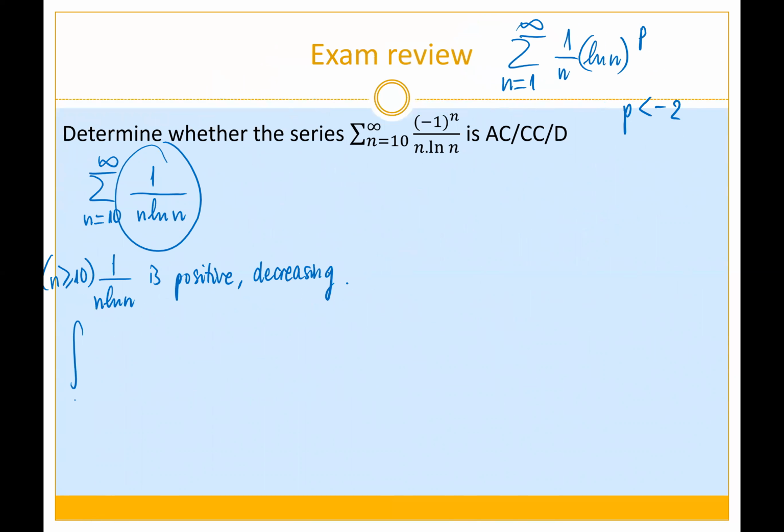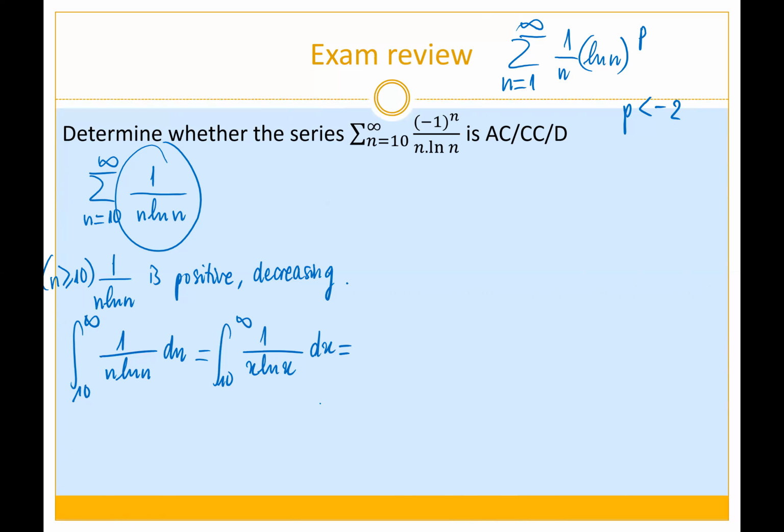So now we're going to find the integral from 10 to infinity of 1 over n ln of n dn. Or you can just write the integral from 10 to infinity of 1 over x ln of x dx. It doesn't really matter what the name of the variable is.